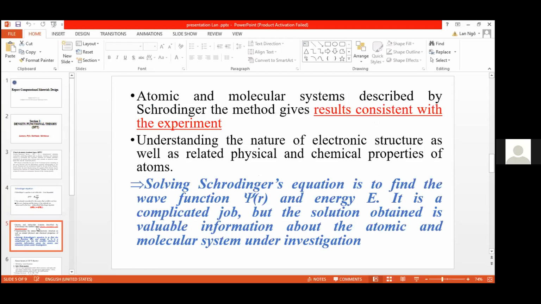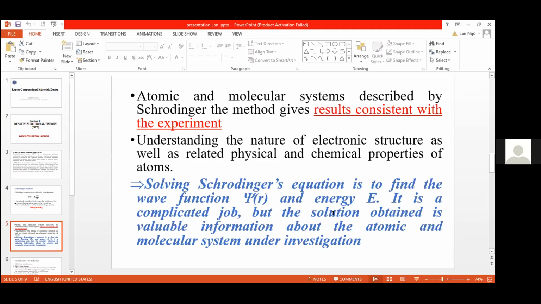Understanding the nature of electronic structure as well as related physical and chemical properties of the atom. Solving the Schrödinger equation is to find the wave function and the energy. It's very useful and it's a complicated job, but the solution obtained is valuable information about the atomic and molecular system under investigation.